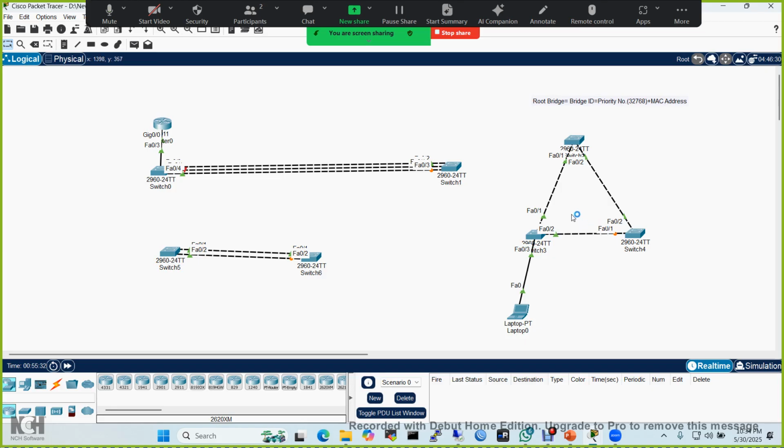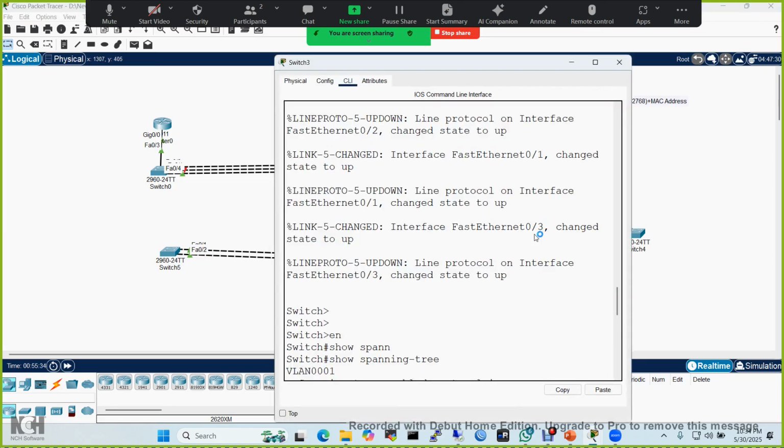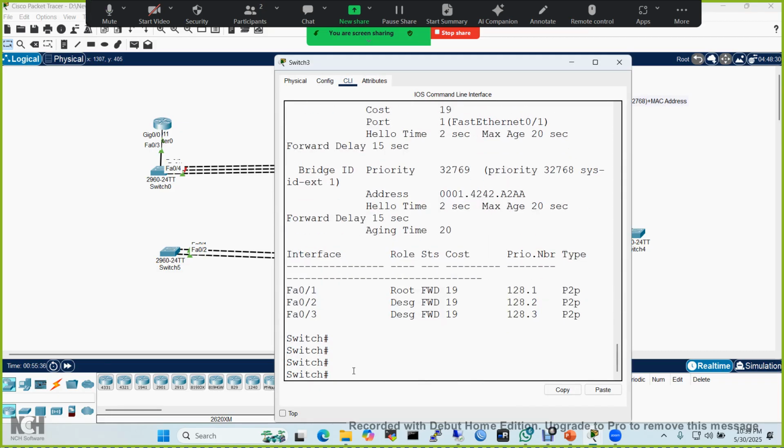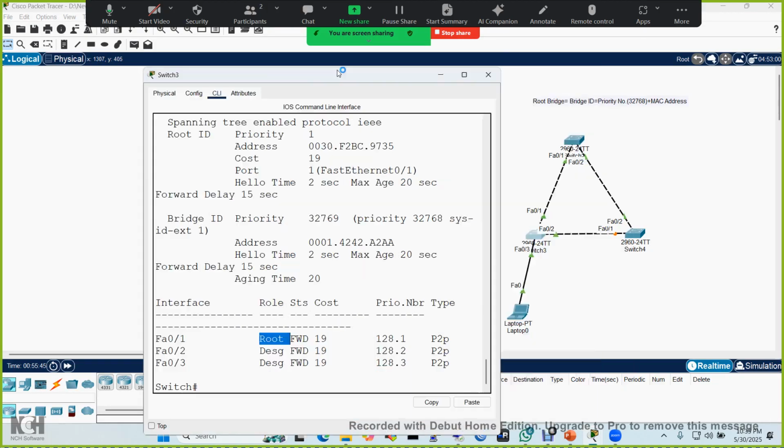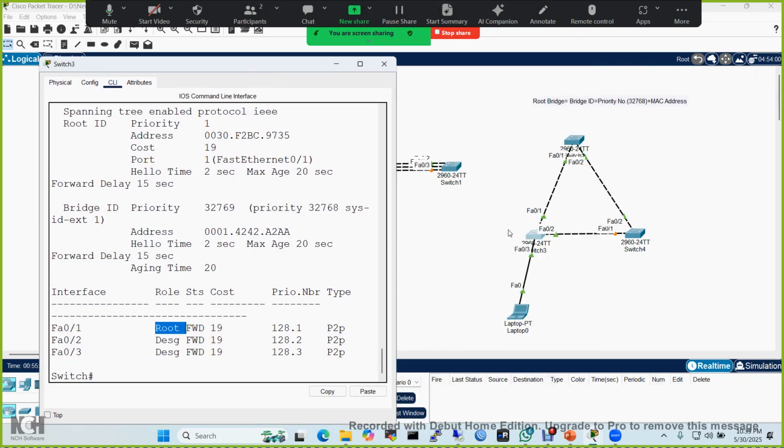Are you clear here? Perfect. All the ports except the root port of the downside switch are designated.